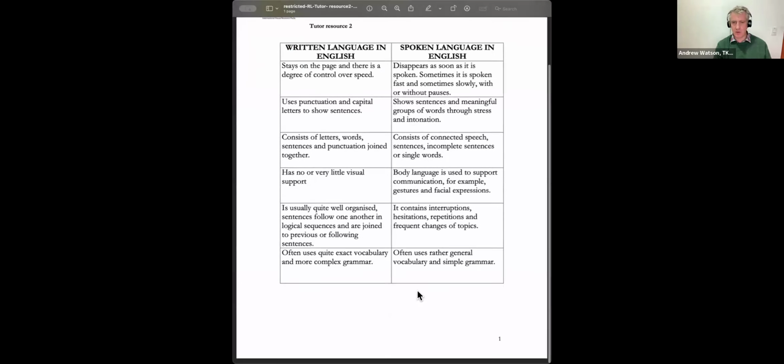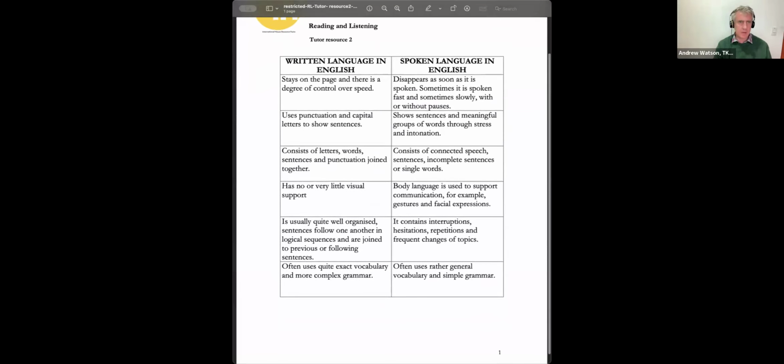So I'm going to share these answers with you, so you've got a copy of this through the chat. So these are the main differences then between written language in English and spoken language. Written language stays on the page.